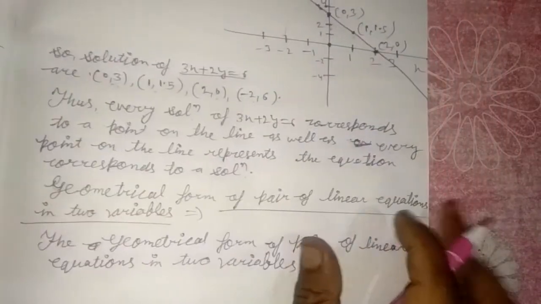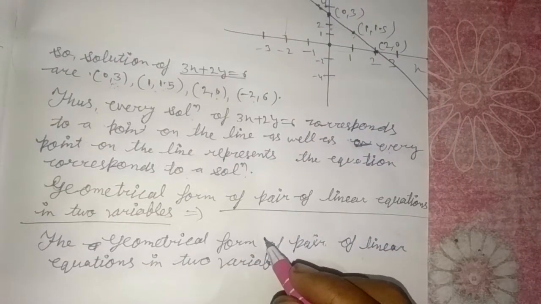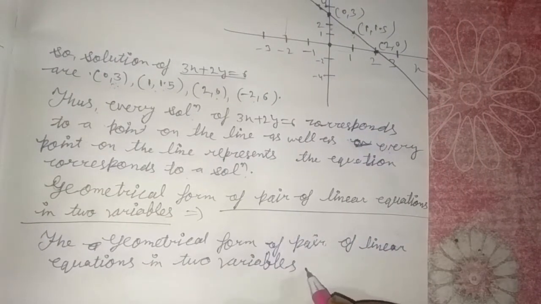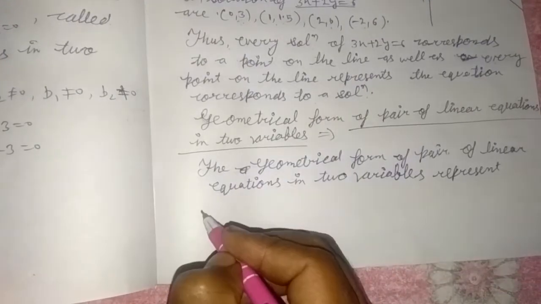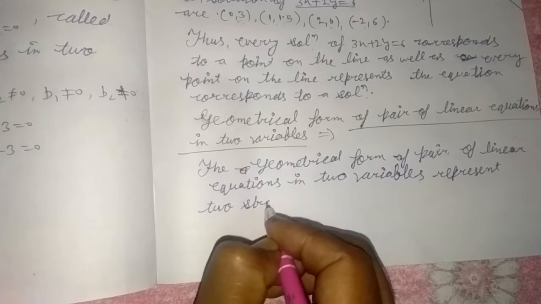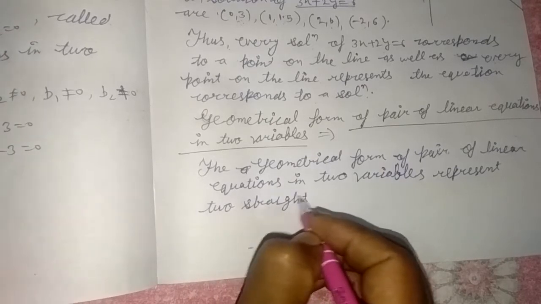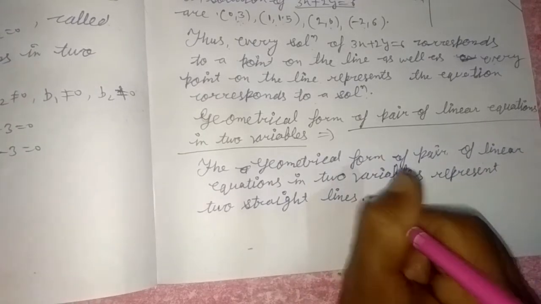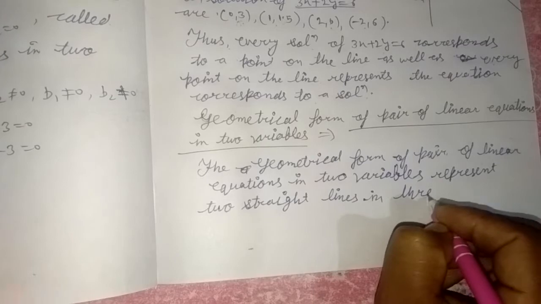Two variables represent two straight lines. Okay, in three ways.